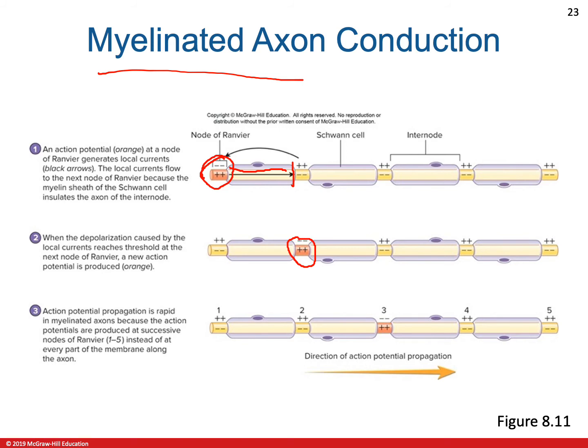After generating your action potential here, it will jump again to the next node of Ranvier. So action potential propagation is much more rapid in myelinated axons because the action potentials are produced at successive nodes instead of at every part of the membrane, the same as what happens in unmyelinated axons.